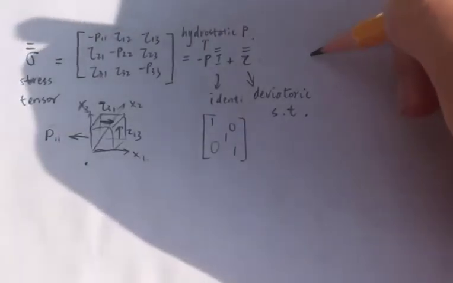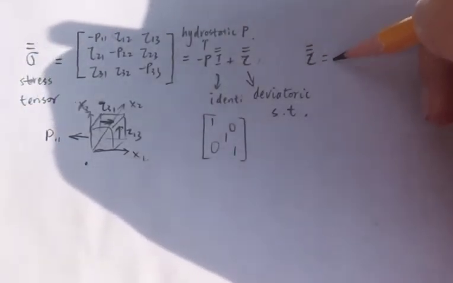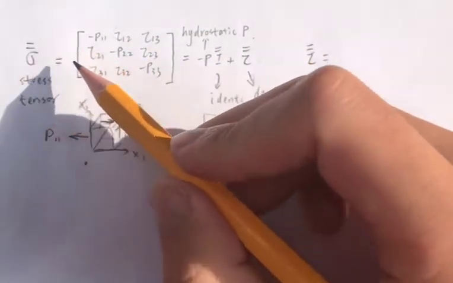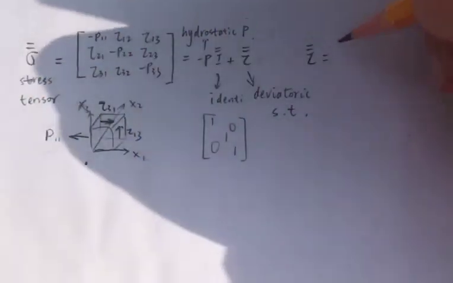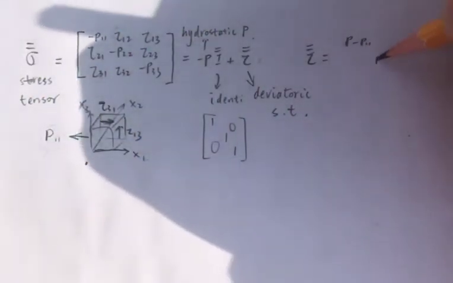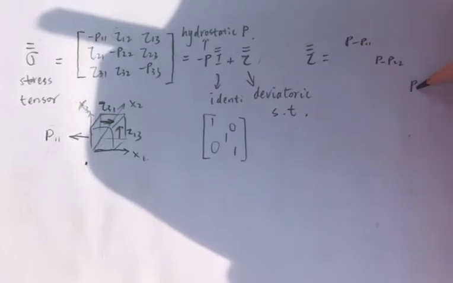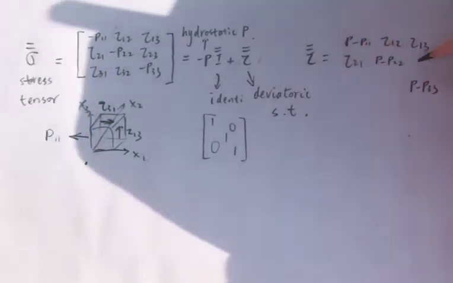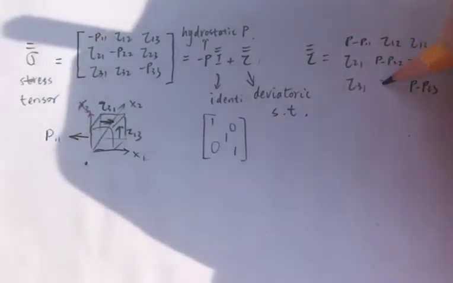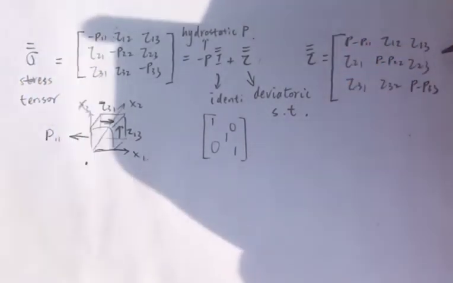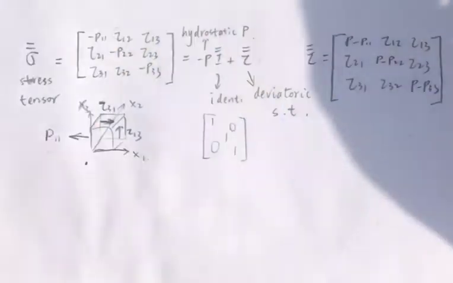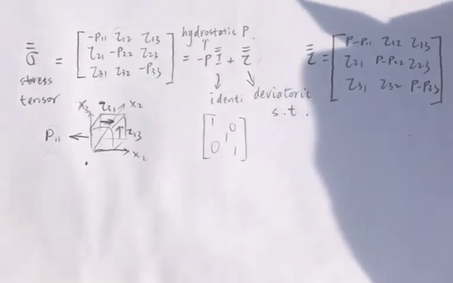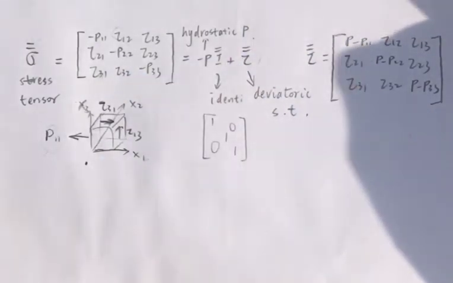Okay, so if written explicitly, the tau will be sigma minus this thing, right? So it will be P minus P11, P minus P22, P minus P33, tau 12, tau 13, tau 21, tau 23, tau 31, tau 32, and this deviatoric stress tensor is the result from the movement of the fluids.